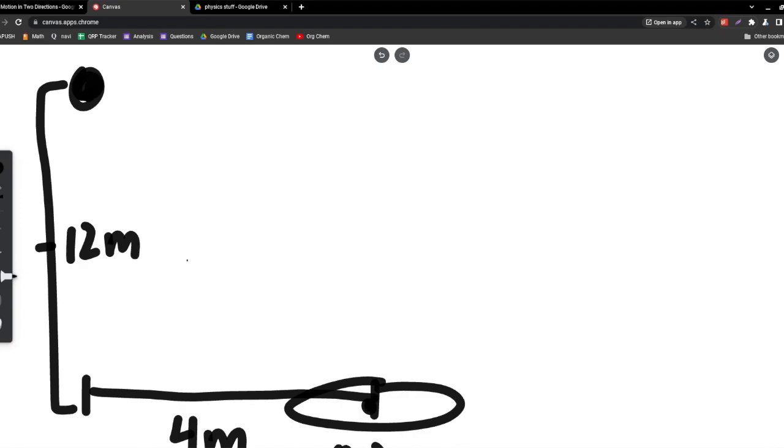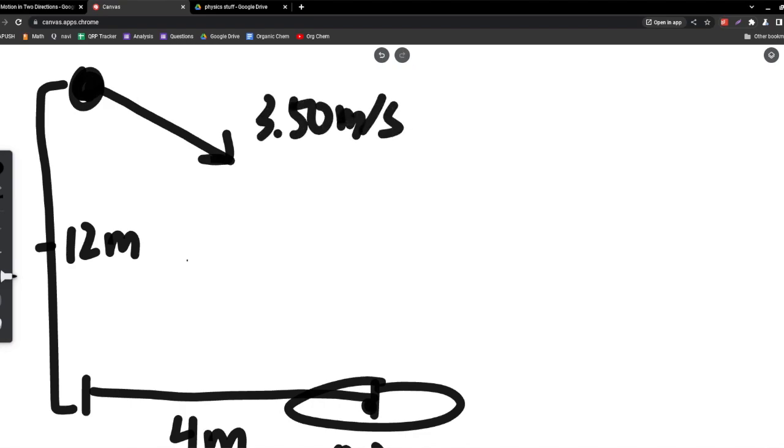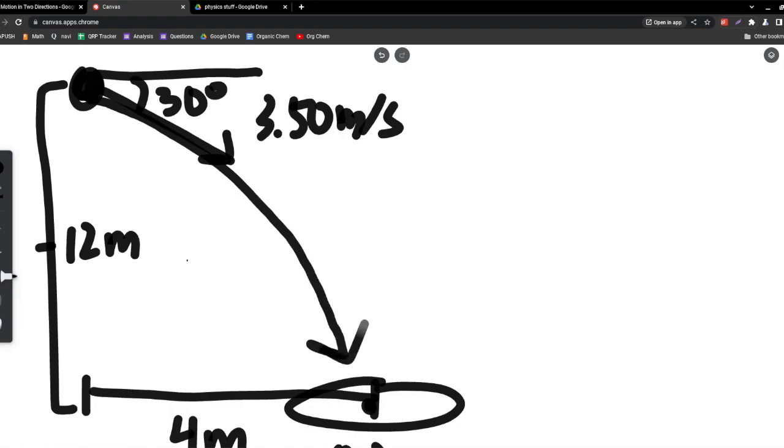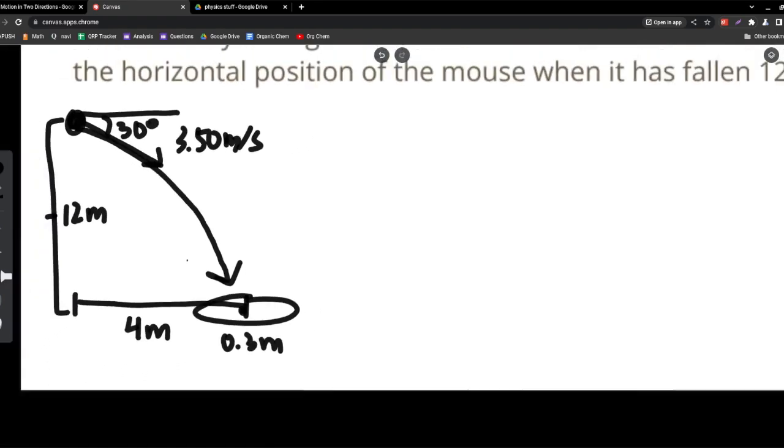And then our owl is flying with a velocity of 3.5 meters per second at 30 degrees from the horizontal. And then from here, it decides to drop the mouse, which makes a motion like that. And we don't know where it ends up, but here's our diagram.